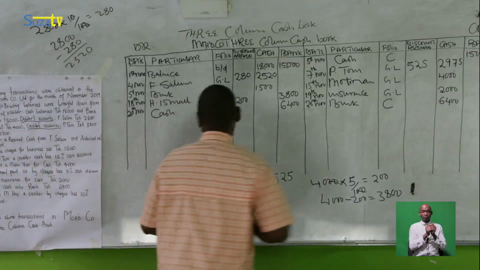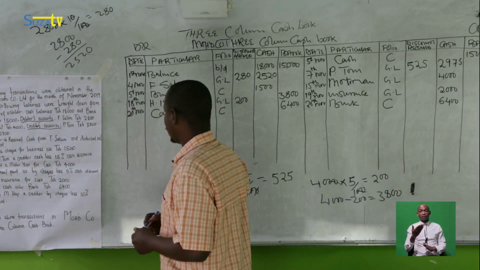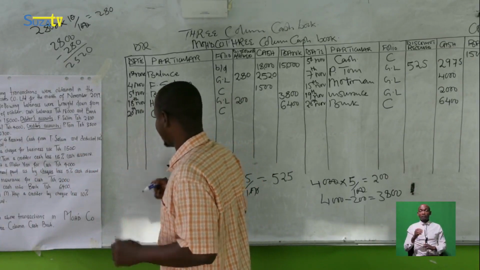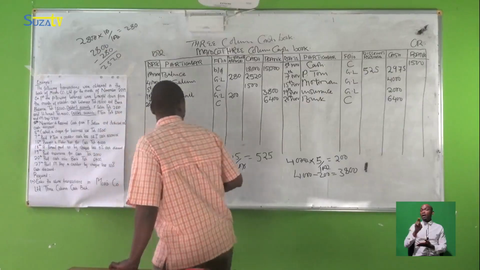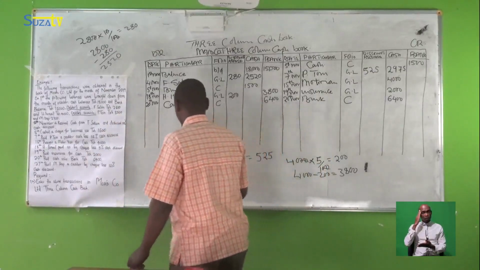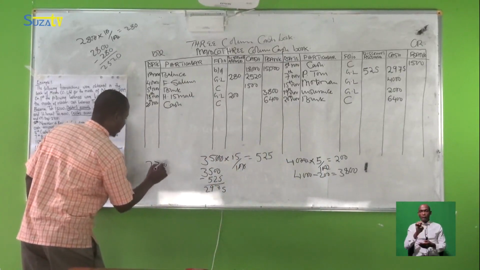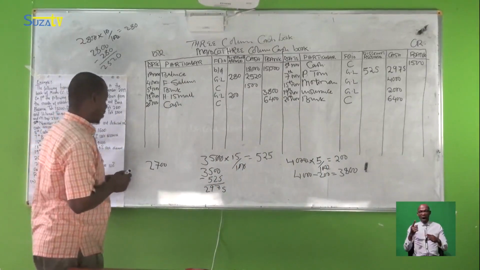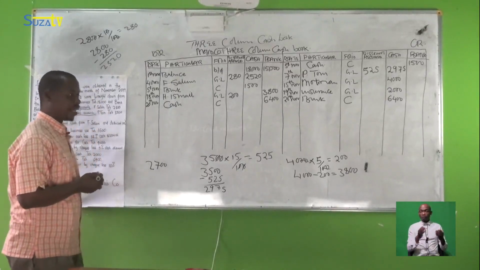First of all, we should look at how much the supplier wants to be paid. Look, M. Haji: you know that 2,700 is an amount owed to M. Haji.